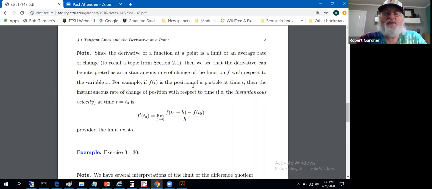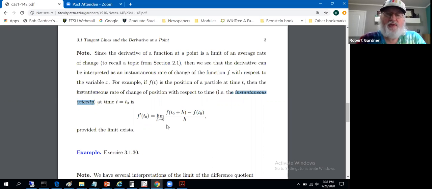If f of t is the position of a particle at time t, so the input variable is t, then the instantaneous rate of change of position with respect to time, in other words, the instantaneous velocity at time t equals t sub 0, is f prime of t sub 0, computed the usual way.